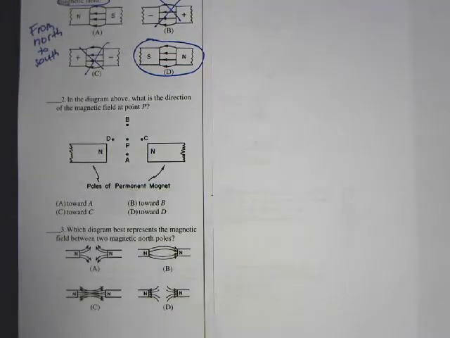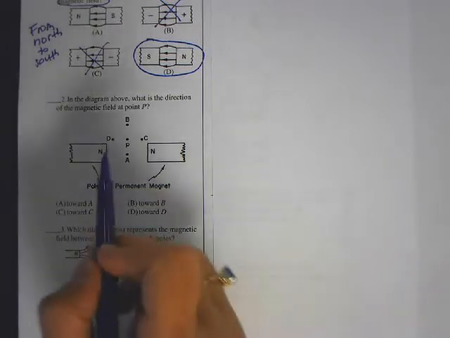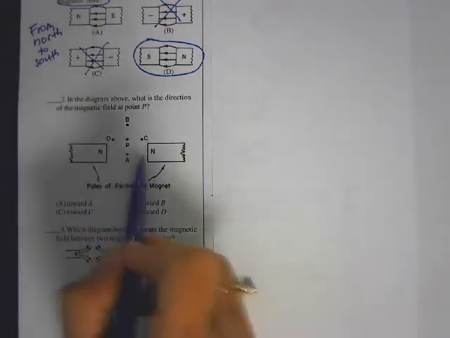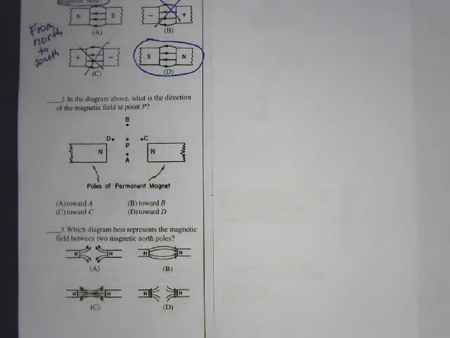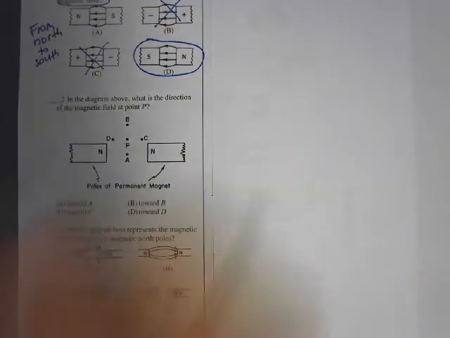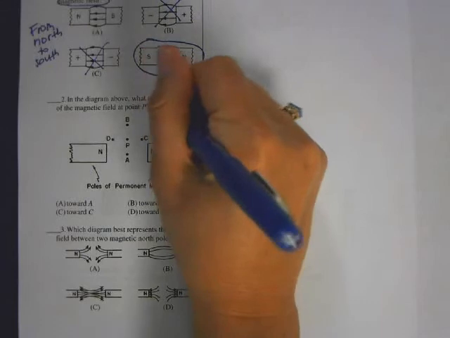Number 2, it says in the diagram above, what is the direction of the magnetic field at point P? First of all, we see that we have two poles that are the same, so we know that there's going to be repulsion.